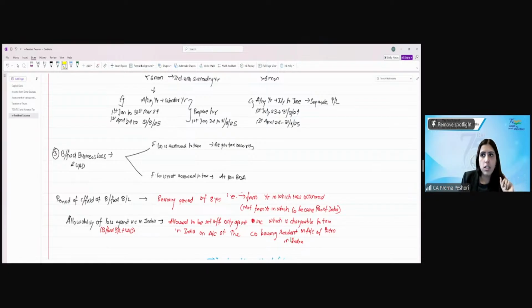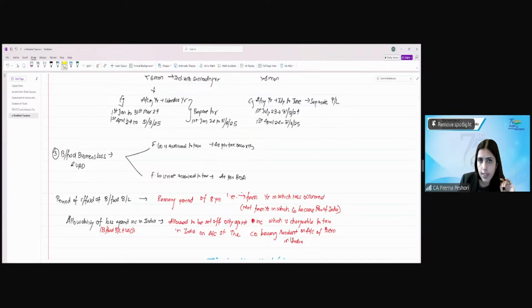Clear? But there is a catch over here. See, this business loss or the unabsorbed depreciation is incurred in the foreign country. Yes or no? Yes, ma'am. It's not an Indian loss. This is the foreign business loss, which has been incurred in the past years, and now you're trying to set it off against your current year income.